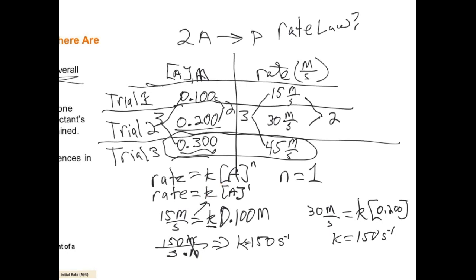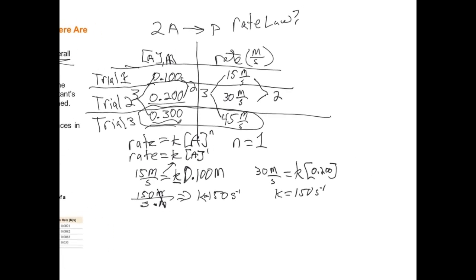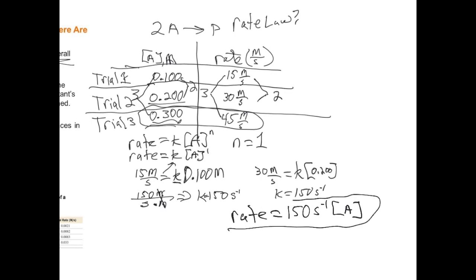So if I really wanted to write the complete rate law for this one, I would say rate is equal to 150 reciprocal seconds times the concentration of A, and since it's to the first power, I just leave it that way. So that is the full rate law.